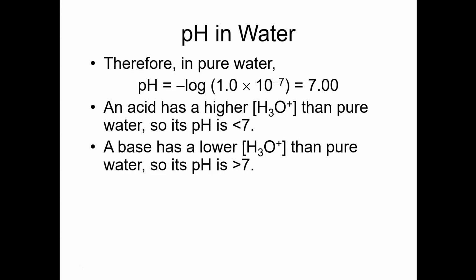Remember, the hydronium and hydroxide concentrations are inversely proportional to each other because they always have to multiply out to 10 to the minus 14. So if the hydronium ion goes up, the hydroxide ion goes down. If the hydroxide ion goes up, the hydronium ion goes down. So in a base, which has a high hydroxide concentration, the hydronium is going to be less than 10 to the minus 7, and therefore it's going to have a pH greater than 7.